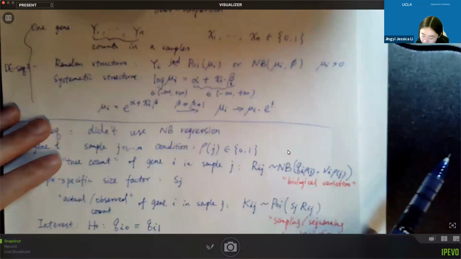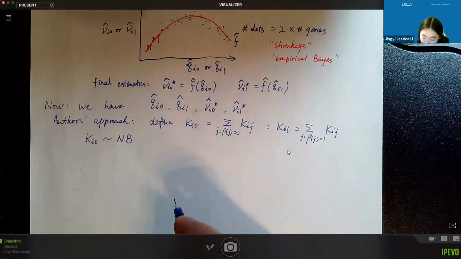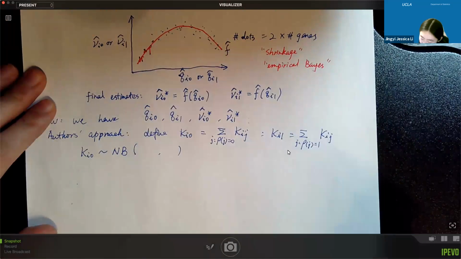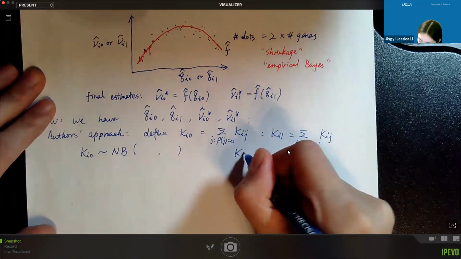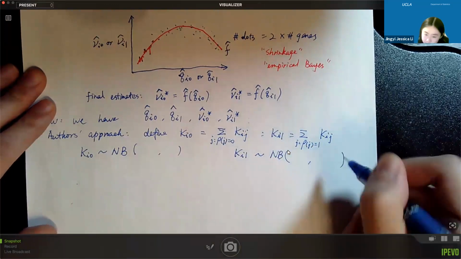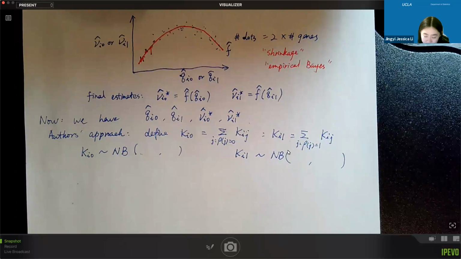So let me just write it in a pretty abstract way. They are assuming that Ki0 itself follows a negative binomial, and Ki1 as the sum also follows a negative binomial. I'm skipping the parameters for these two negative binomials just for simplicity.